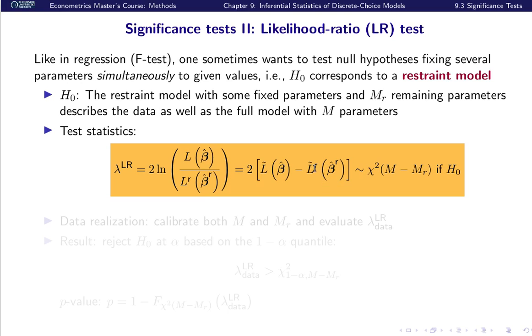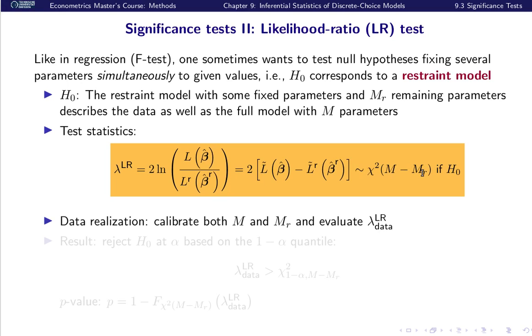Formally, this likelihood function is the same as that, only that here all parameters can be varied for minimization, and here only the remaining parameters. And if the null hypothesis is true, then in the asymptotic case, this test statistic is chi-squared distributed, and the parameter of the chi-squared distribution is just the difference of parameters. The full model has m parameters, the restrained model mr parameters, and that's it.